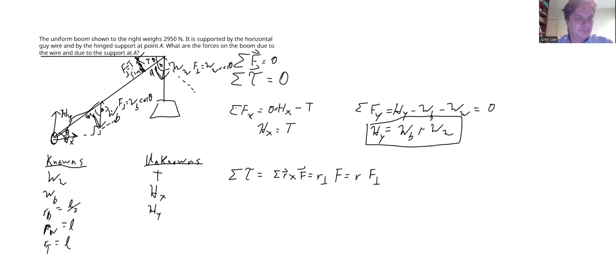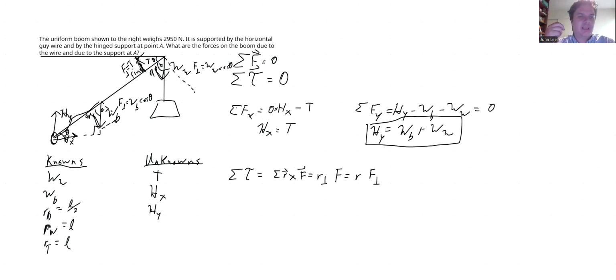but it is a little hard to set up still because we need to know which ones are going to be positive torques and which ones are going to be negative torques. And the way you can do that is by using the right hand rule, pointing your finger along the direction of R, pointing your second finger down in the direction of weight would give a torque that's into the screen, which is a negative torque.